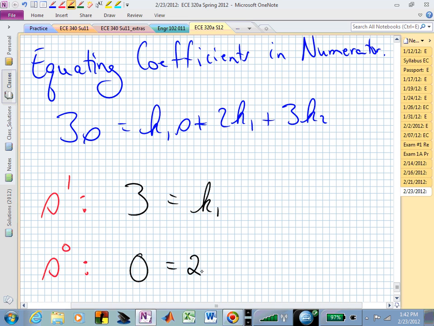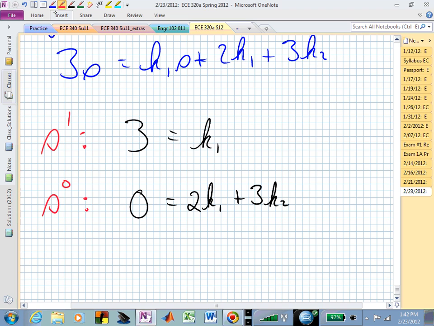I have a 2K1 plus a 3K sub 2. But I already know what K1 is. I just found it. So I can replace that with 3. And now I know that 0 is equal to 2 times 3 plus 3K sub 2. Or K sub 2 is minus 2.